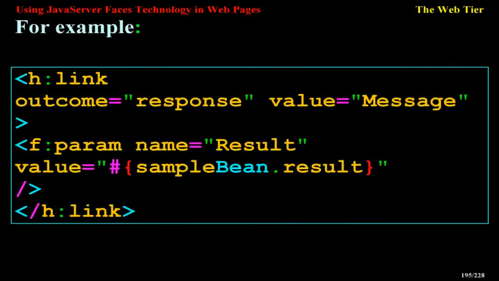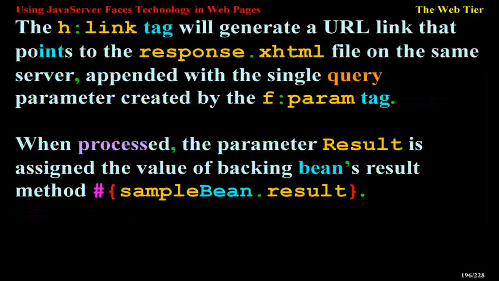For example: h:link outcome="response" value="Message", f:param name="result" value="#{sampleBean.result}", /h:link. The h:link tag will generate a URL link that points to the response.xhtml file on the same server, appended with a single query parameter created by the f:param tag. When processed, the parameter result is assigned the value of the backing bean's result method, sampleBean.result.